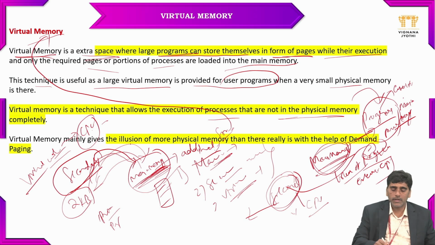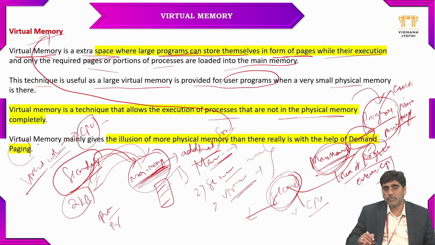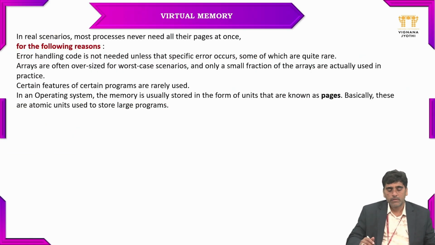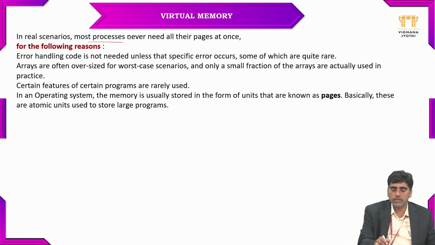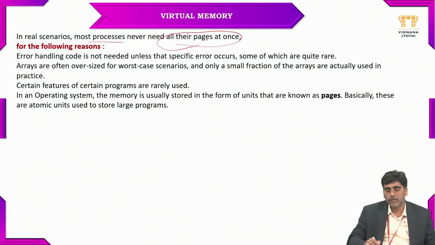Virtual memory mainly gives the illusion of more physical memory than there really is, with the help of the demand paging concept. This virtual memory works on the concept of demand paging only. In real-time scenarios, most processes never need all their pages at one time.